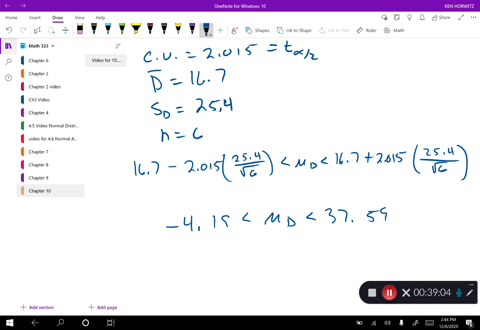We don't know if it's 0, but we're 90% sure 0 is in that range that it could have been. All right, again, confidence interval, we could be wrong, but 90% sure is pretty sure. Just like if we did our regular hypothesis test, we could be wrong. But again, we only go based on the data that we're given.